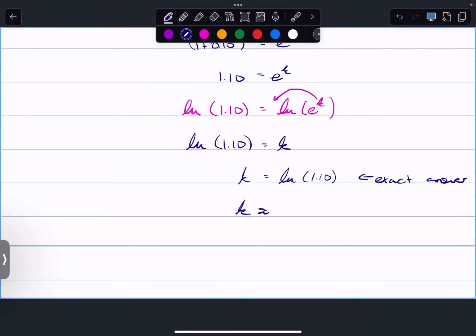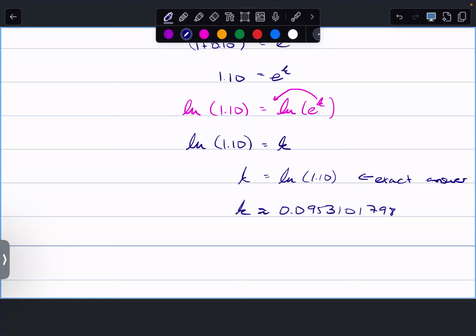Or k is roughly, let's see here, the natural log of 1.1, 0.0953101798. So roughly 9.53% continuously, right? We had 10% annually, 9.53% continuously. They should be relatively close.